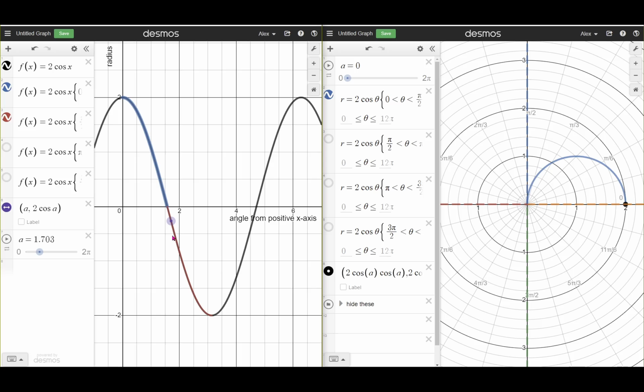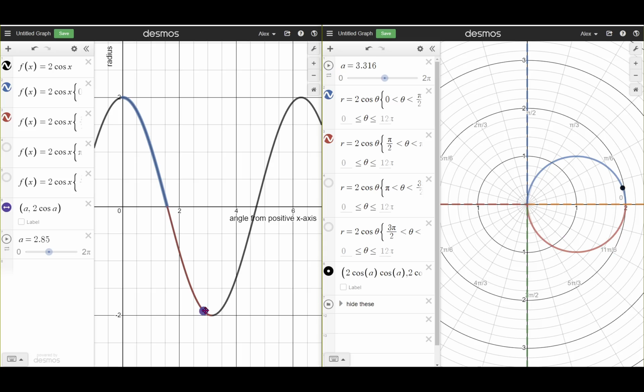Now we can see the red piece right here. It's a little hard to see, but this portion in red, the second piece, is the same thing happening. So if I play this from pi over 2 to pi, we play it out like so. Likewise here, I'll go to pi over 2, which is right around here, to pi, and it gets traced out like so.